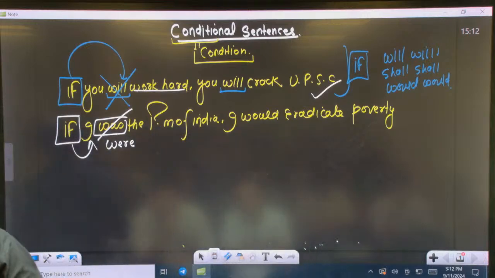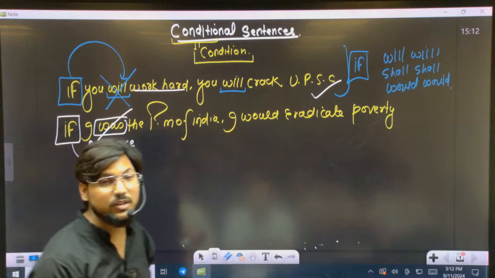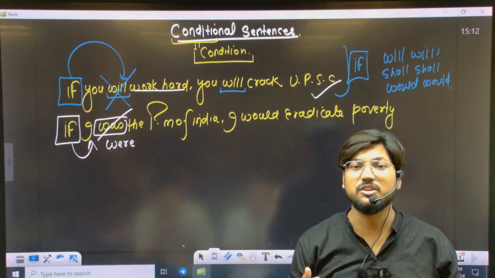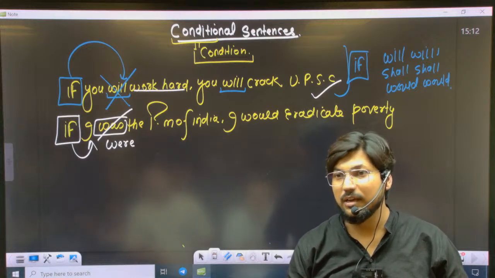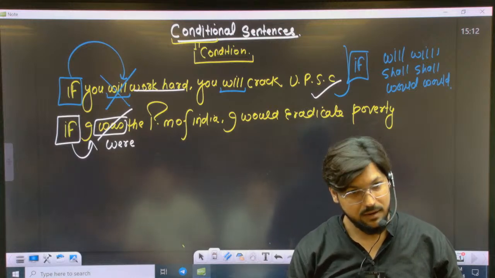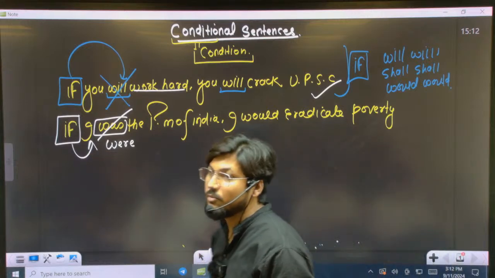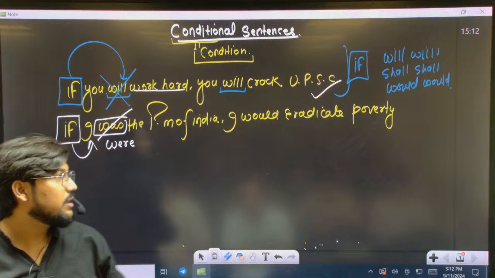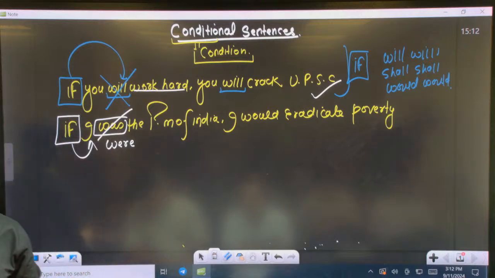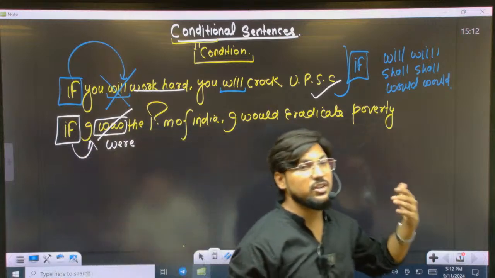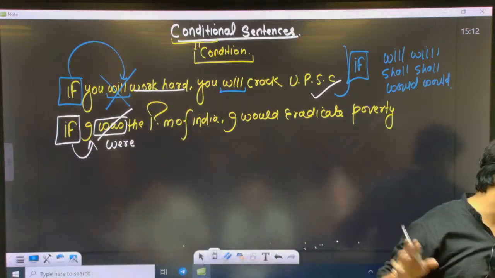Whenever it comes to an imaginary or suppositional sentence, we don't use was, even if the subjects are he, she, it, a name, or I. So we need to use: If I were the PM of India, I would eradicate poverty. It means the sentence is in the past or in imagination only. This cannot be real.